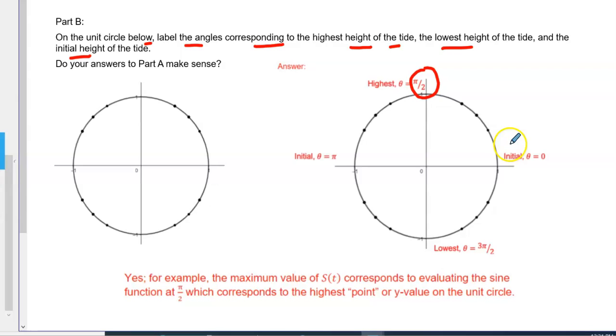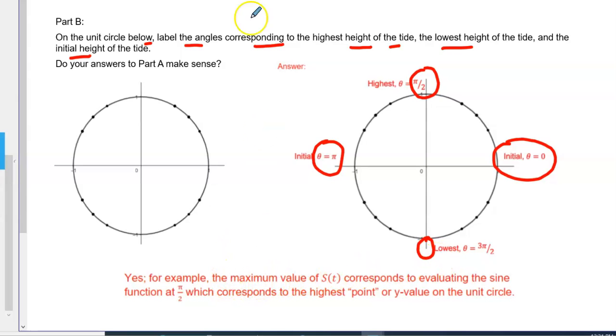Now this is initial, which occurs when theta is equal to 0, and it occurs also at this point. And then the lowest is occurring when theta is equal to 3 pi on 2. And this is exactly what we were seeing on the graph.